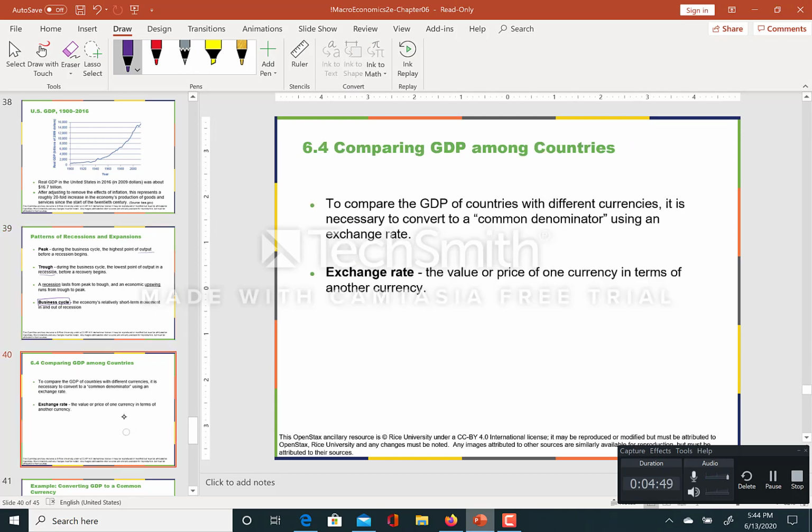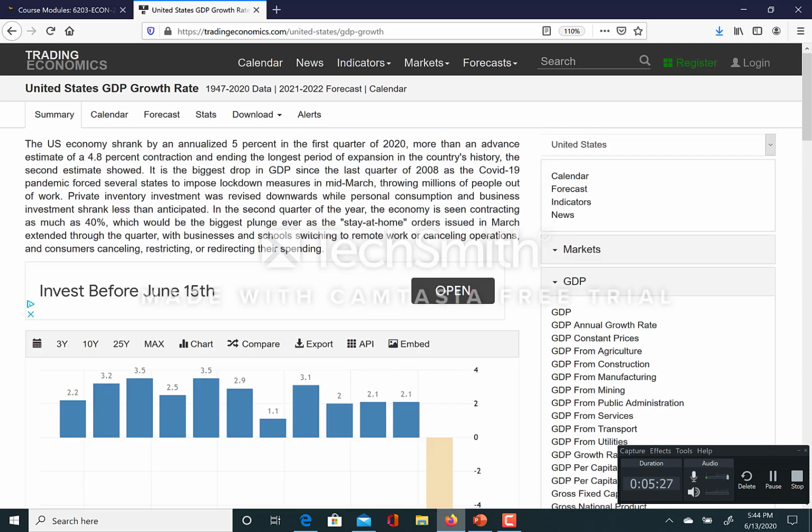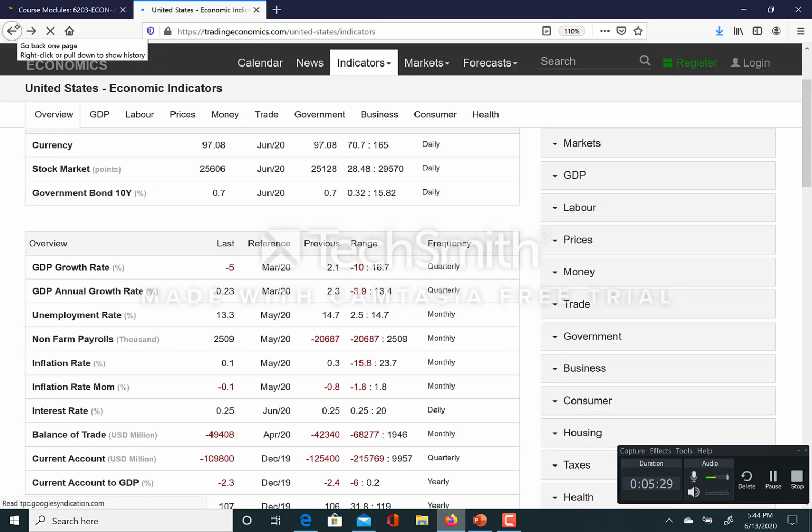Okay. Now we are comparing GDP across countries. We want to convert everything to a common currency, which is the dollar. We can do that by using the exchange rate. The exchange rate means the price of one currency in terms of another. For example, if I look at the exchange rate between US dollar and Mexican pesos, I can go to this Trading Economics website.